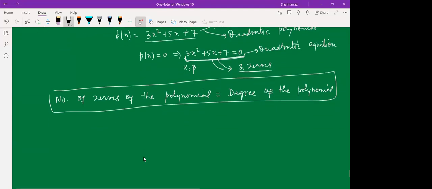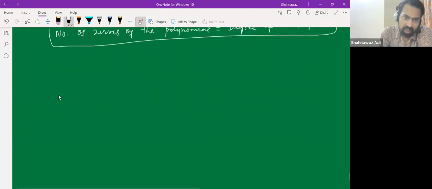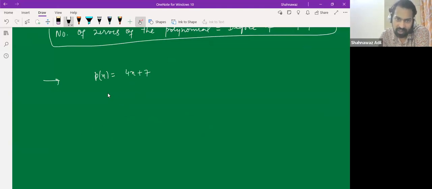Yes, sir. Yeah. So let us understand it by a simple linear equation. Let's say that p(x) is 4x plus 7, right? So if I equate it to 0, I have this linear equation: 4x equal to minus 7 and x equal to minus 7 by 4, right?